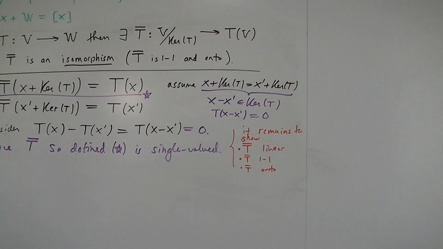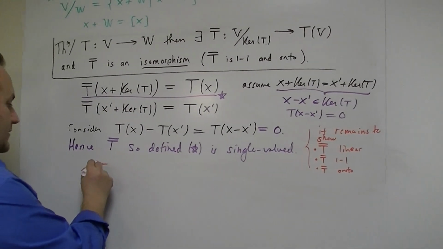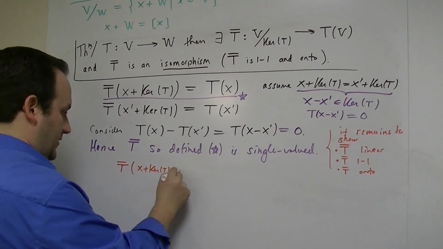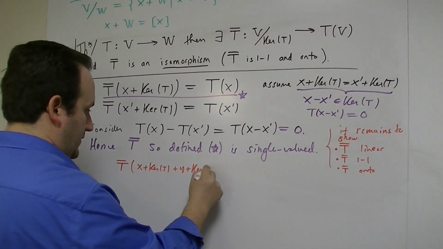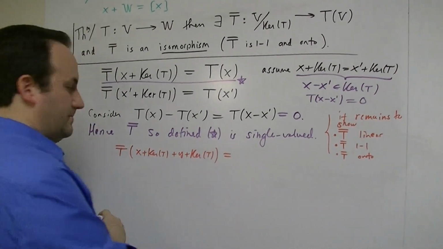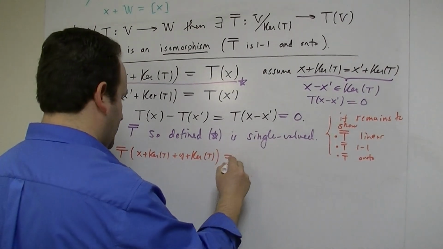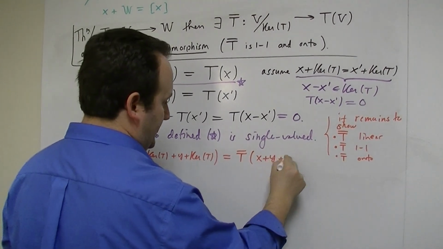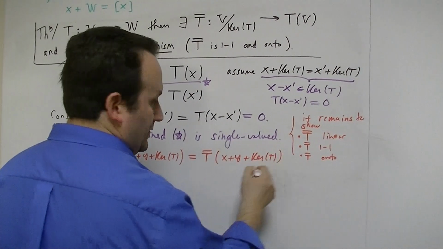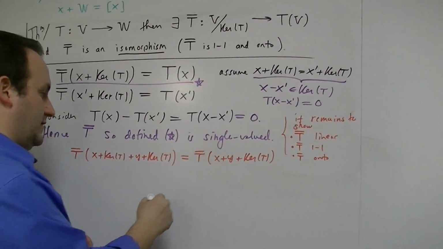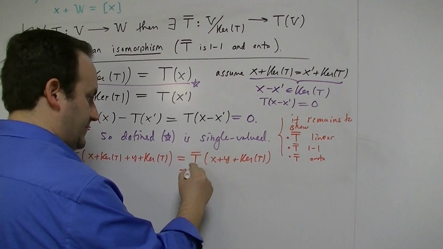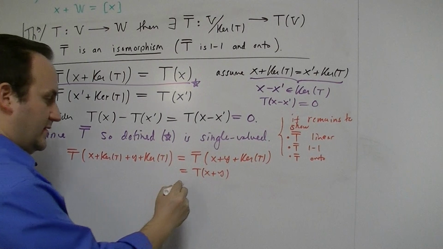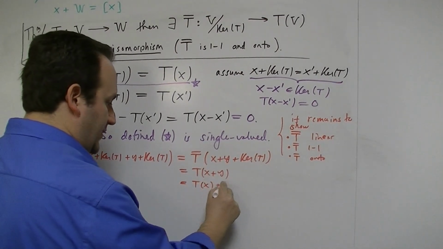So how can we show T bar is linear? Let's just do it. T bar of x plus kernel T plus y plus kernel T is equal to T bar of x plus y plus kernel T, by definition of the addition there. That's T of x plus y by definition of T bar, but by additivity of T, that's T of x plus T of y.